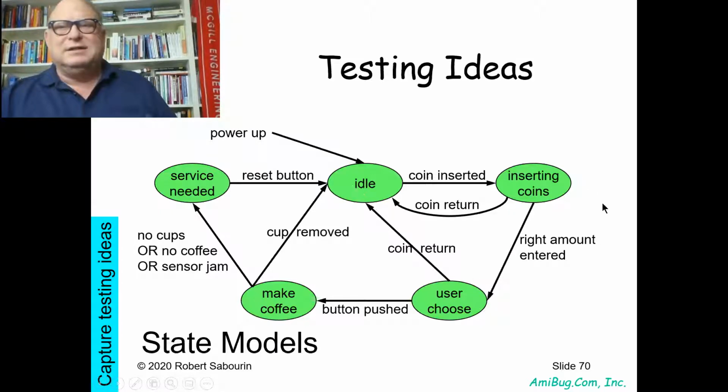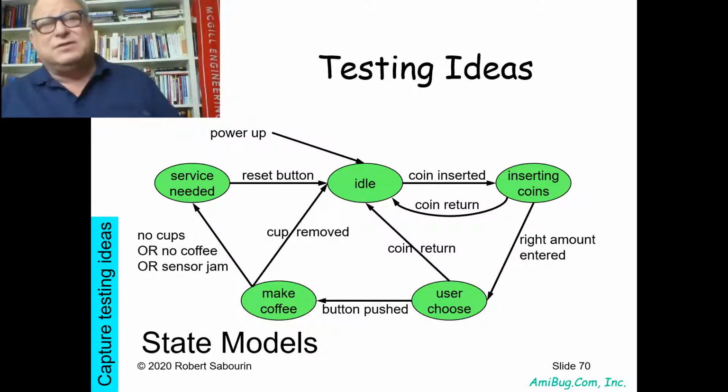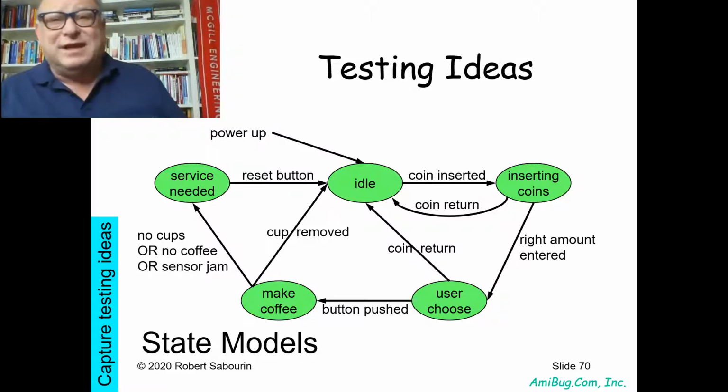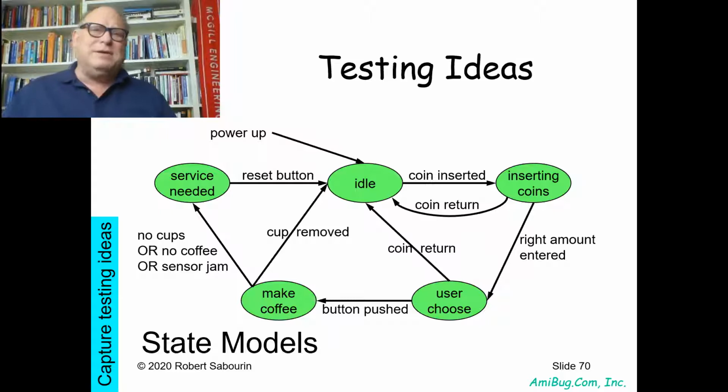Another path, idle, insert, user choice, make, service, idle, etc. So you can identify a bunch of paths through the system, and then you can say, okay, let's exercise each path at least once, or let's exercise each path with different types of data at least once. So you have a notion of coming up with test ideas from a state model.